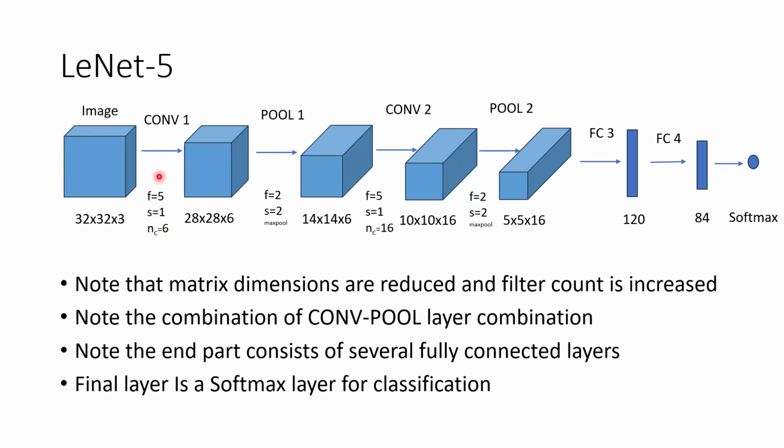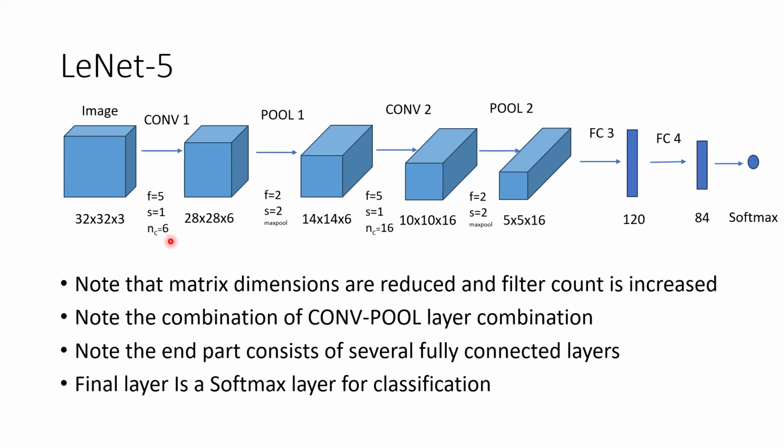Then we apply a convolution layer, which has a filter size of 5, stride of 1, and 6 filters, so c equals 6.